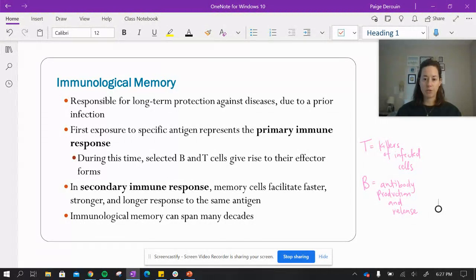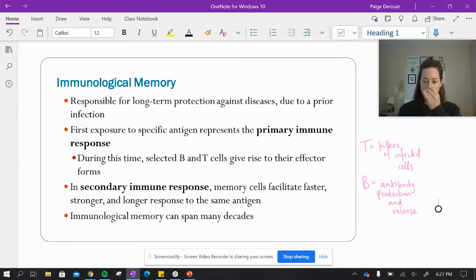By the time you are exposed to it again, you have the memory cells that are able to facilitate faster, stronger responses to the exact same antigen or pathogen, which means that sometimes you won't even have symptoms of the infection because your secondary immune response is so good and so fast. And then this can also last for your lifetime. It can last forever. Different pathogens are going to have different responses and response times, but in general, this can last a super long time.